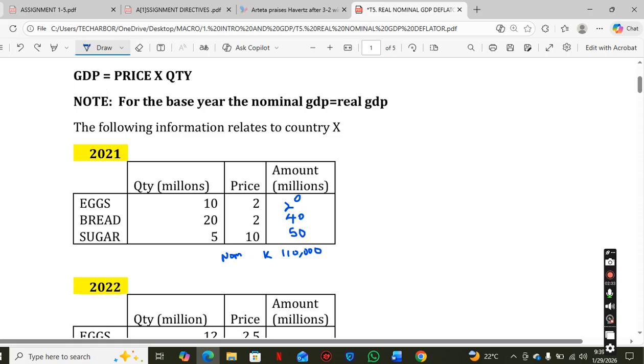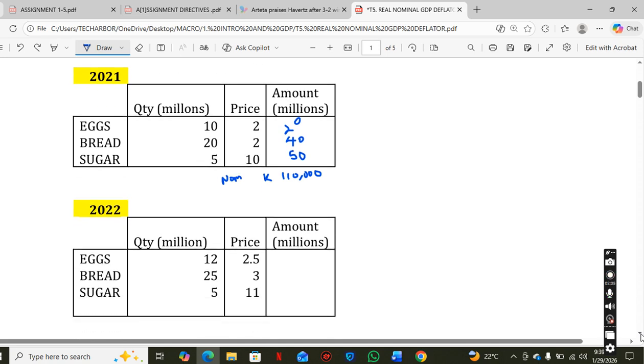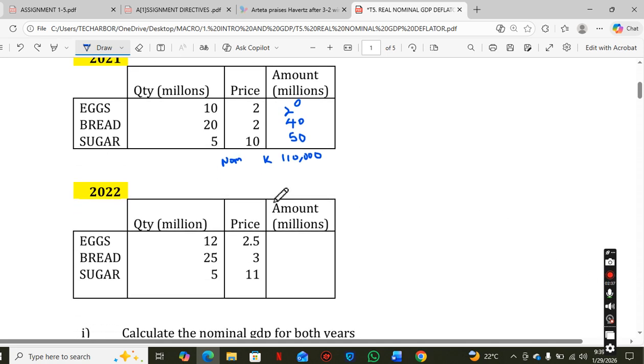Okay, we go to the year 2022. Okay, eggs 12 million, price 2.5, so I'm going to say 12 times 2.5. Colleagues with calculators, 12 times 2.5. 30.